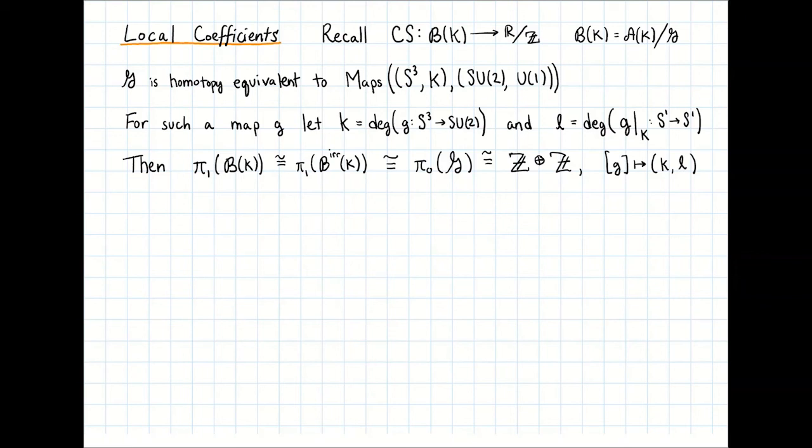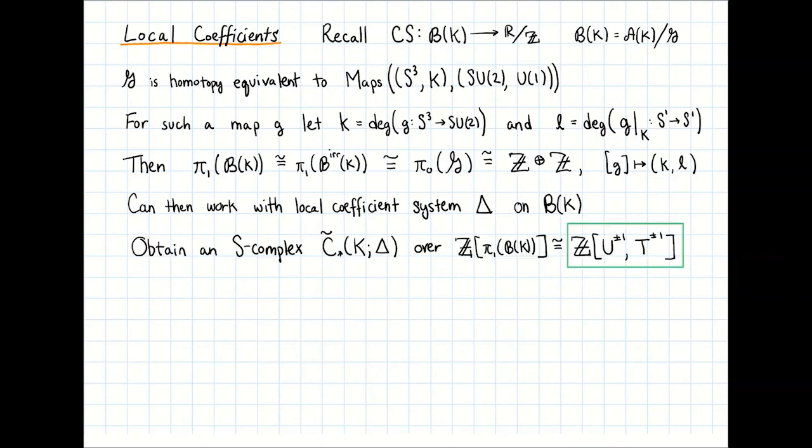Having identified pi 1 of B of K, we can then work with a local coefficient system, which we call delta, on the configuration space B of K. So we can do all of the constructions we described earlier with this local coefficient system. So we obtain an S complex, C tilde of K delta, which is a chain complex over the ring Z adjoin pi 1 of B of K, which is the Laurent polynomial ring in two variables.